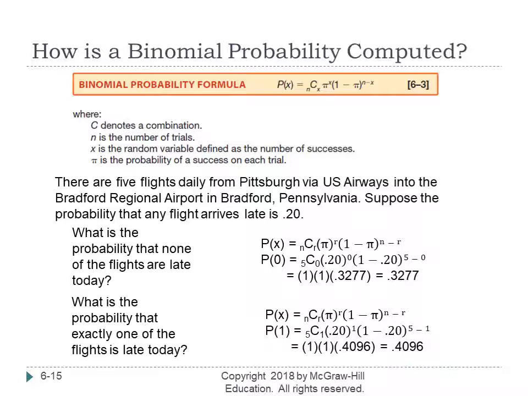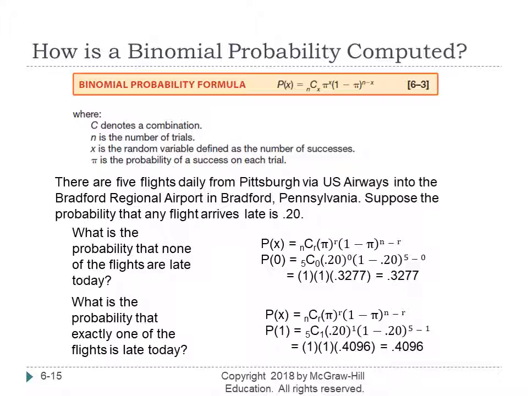But here, since we are given the probability that the flight arrives late, this is considered to be our success. Flight arriving late is success, and the probability of success is equal to 0.20. So now I know the 2 things I need: n, the number of trials, is 5, and the probability of success is 0.20. Here success is that the flight will arrive late.